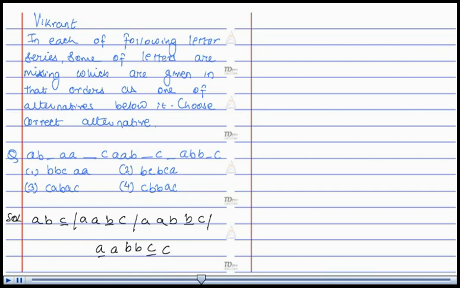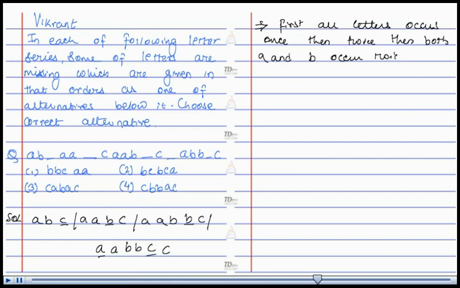So the required format is that first all the letters occur once, then twice, then both A and B occur twice, and finally all three letters appear twice.